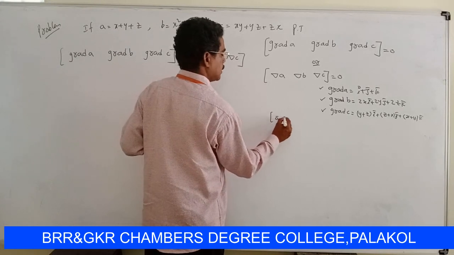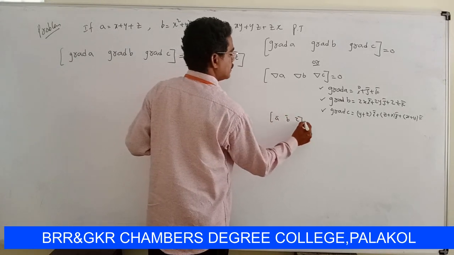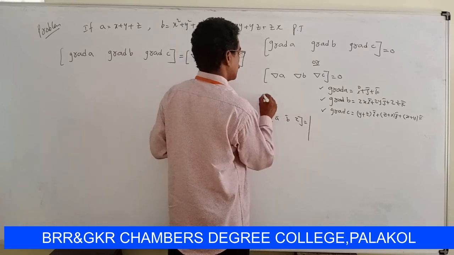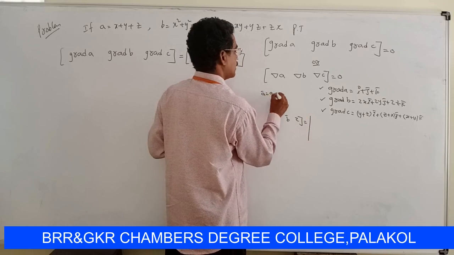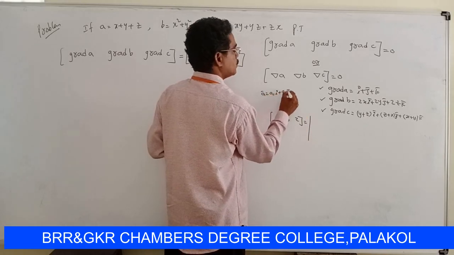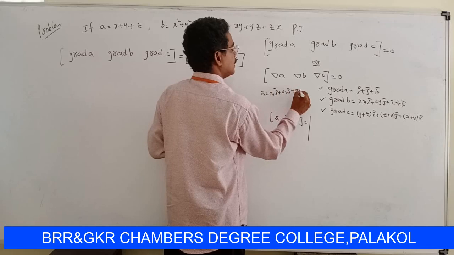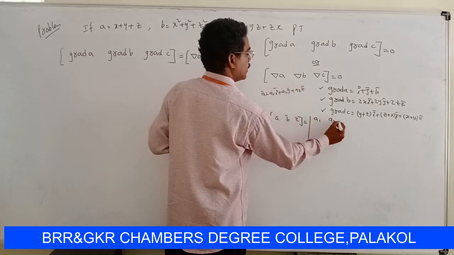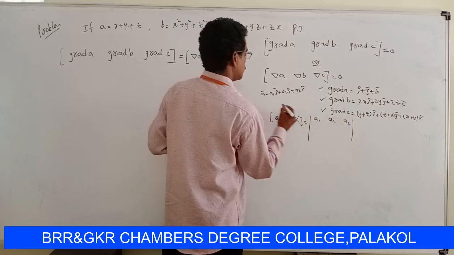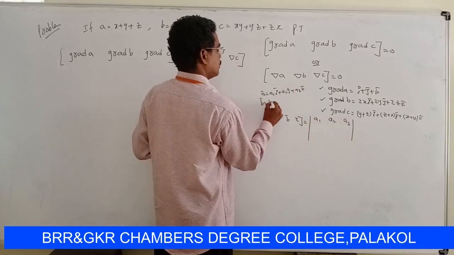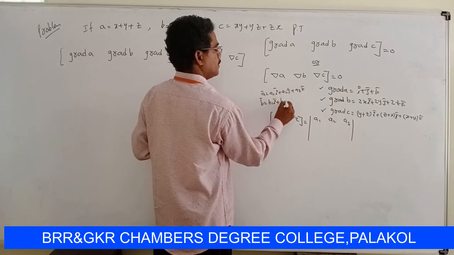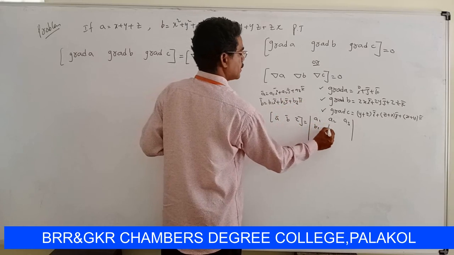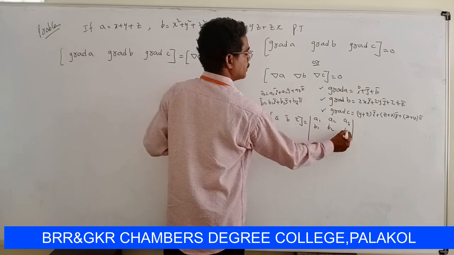Suppose a bar equals a1 i plus a2 j plus a3 k, so the elements are a1, a2 and a3. Suppose b bar equals b1 i plus b2 j plus b3 k, with b1, b2 and b3.